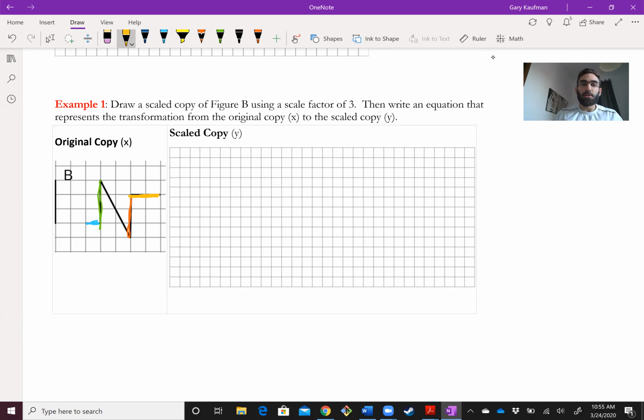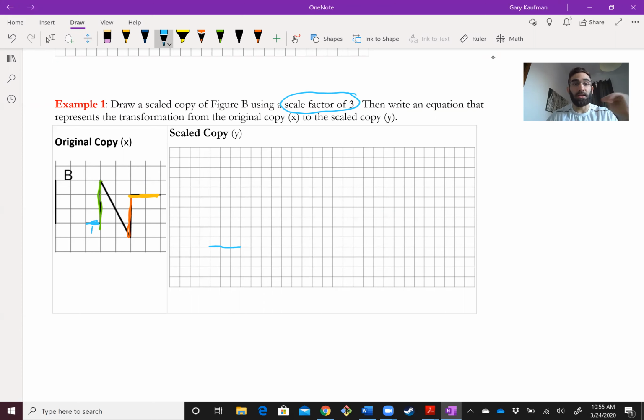For example, in my original, the blue side is length 1. And since I'm using a scale factor of 3, in my scaled copy, the length should be 3, 3 times the original amount.